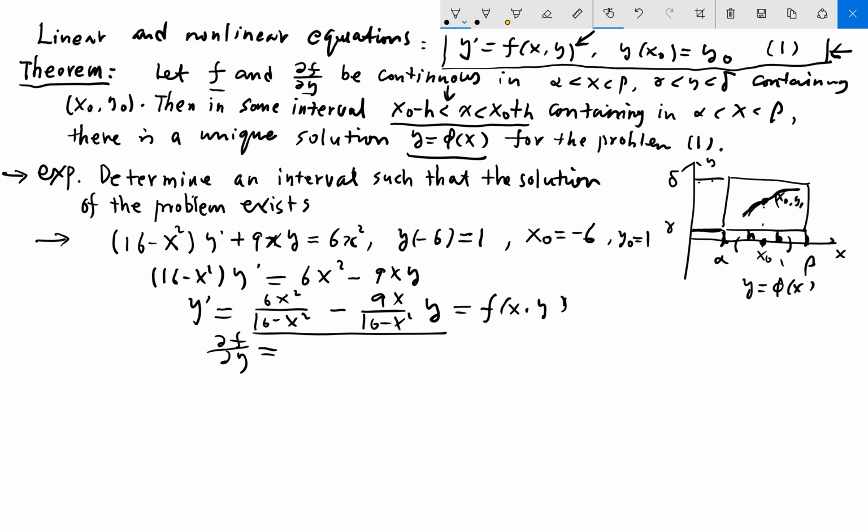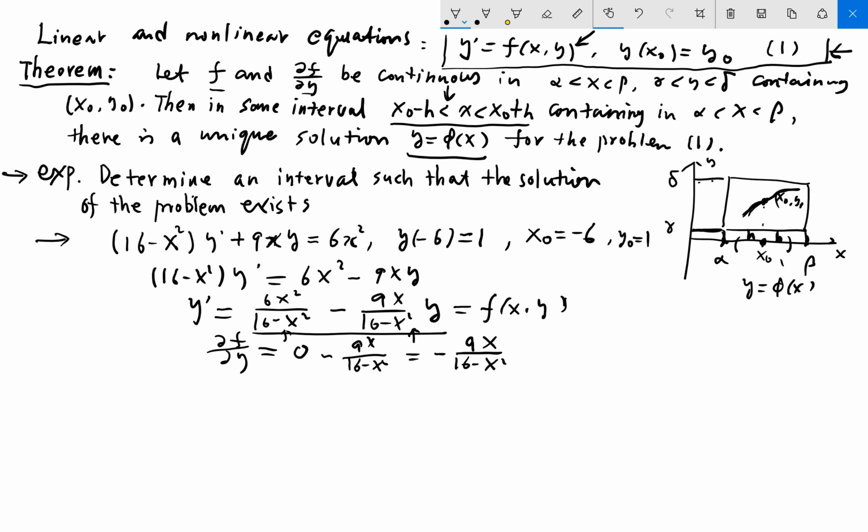That means whenever you see x, you treat it as a constant. Now let's take the derivative with respect to y of the first term. There's no y there, you treat x as a constant, and you get 0. Then take the derivative with respect to y of the second term, treating x as a constant, which gives you minus 9x over 16 minus x squared.